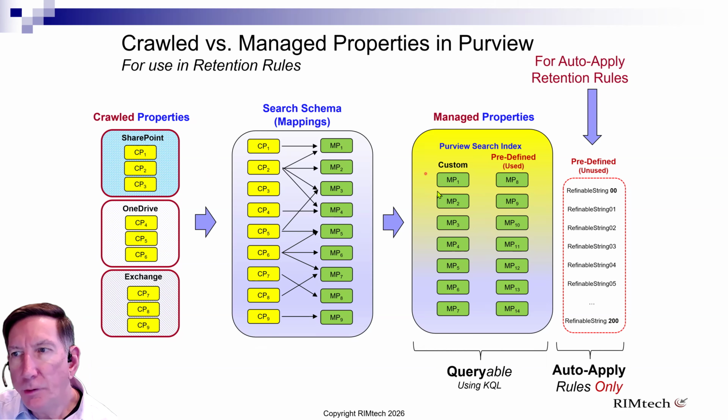There's a long story as to why they're necessary, but we don't have enough time for that today. What you need to know is that you have to find the managed property for that crawled property. When you find it, you have to map it to a refinable string, and the refinable string goes in the condition in the KQL query. That's what's necessary to make this work, okay?